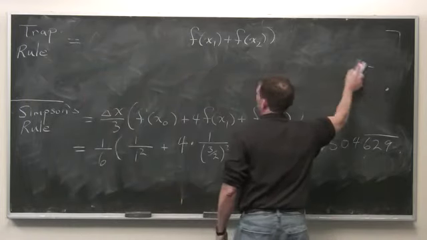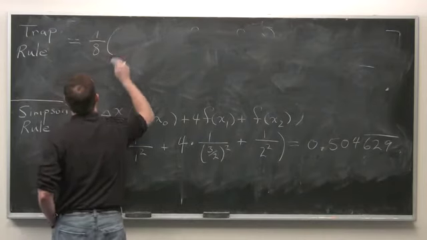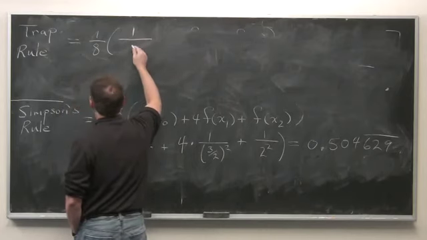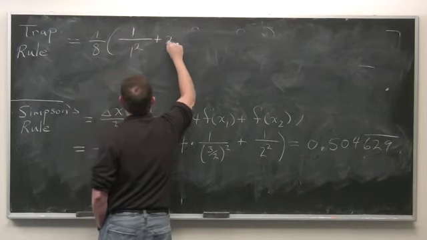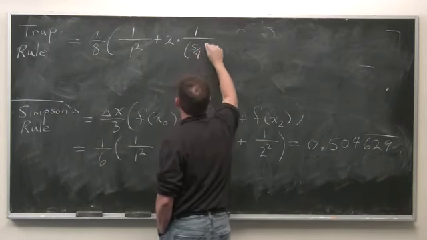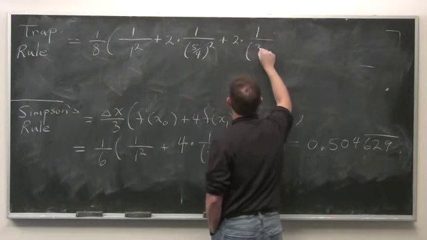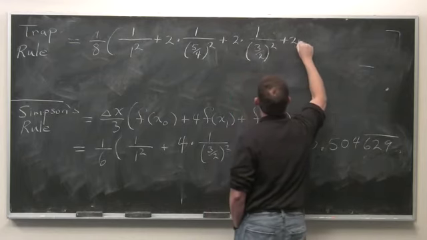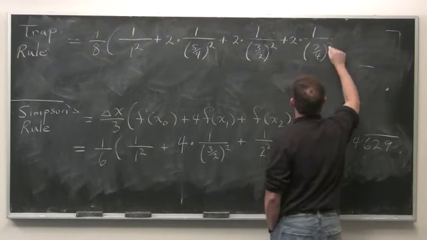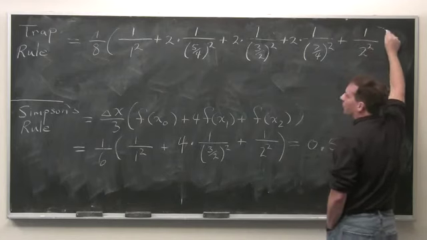You take delta x, which is now a fourth, so you get an eighth, and you take f of x naught, so that's 1 over 1 squared, plus 2 times f of x1, that's 1 over 5 fourths squared, plus 2 times f of x2, that's 1 over 3 halves squared, plus 2 times f of x3, which is 1 over 7 fourths squared, plus, and then just 1 times 1 over 2 squared.